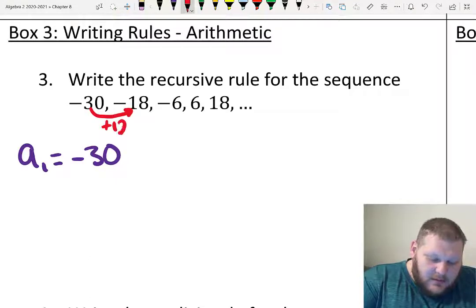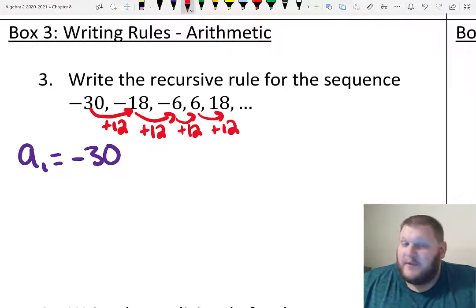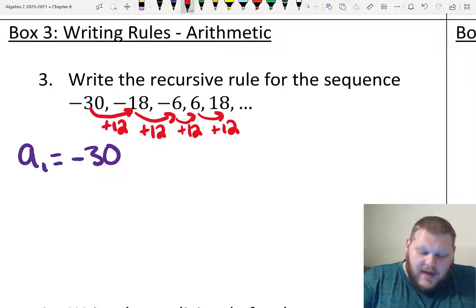We're adding 12 to get from negative 30 to negative 18. I'm adding 12 to get from negative 18 to negative 6. Adding 12 to get from negative 6 to 6. Adding 12 to get from 6 to 18. So that is D. That is my common difference.